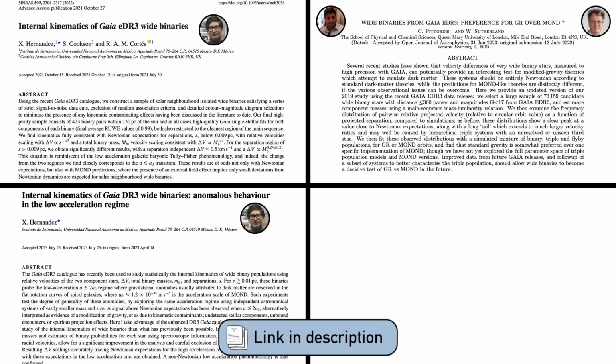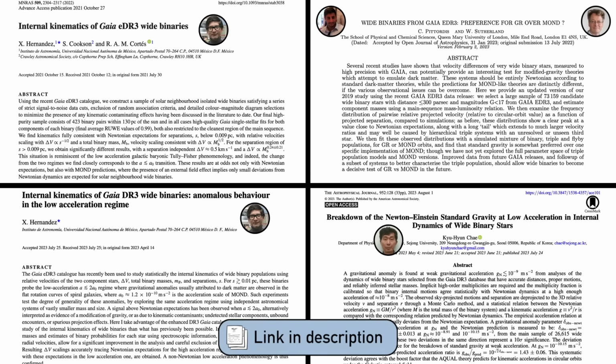So now we actually have the data that we need to do this test, now that all of the binary star systems have been identified in the Gaia data. But of course, you still have all of those uncertainties on inclination and eccentricity that give you all of that scatter in your data. So this is why lots of works have started popping up with results from this test in the past 2 years.